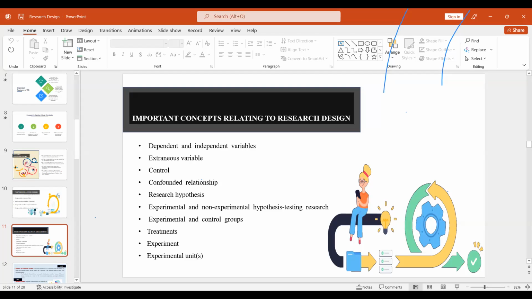A study must always be designed so that the effect upon the dependent variable is attributed entirely to the independent variable and not to some extraneous variable or variables.